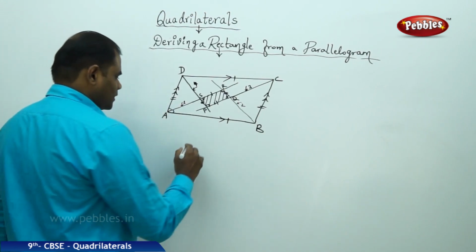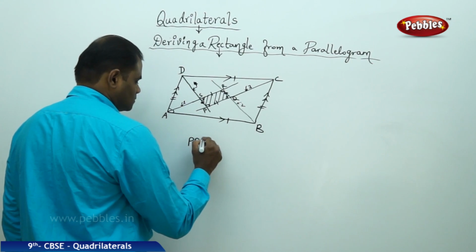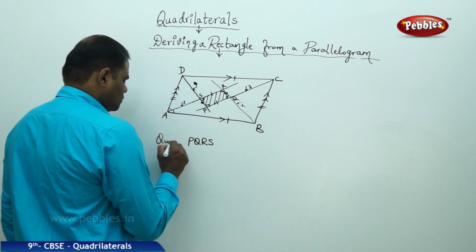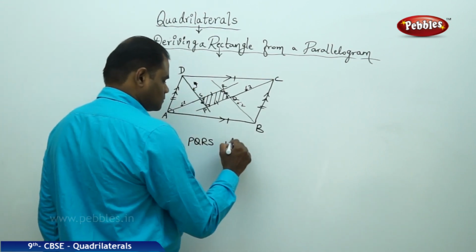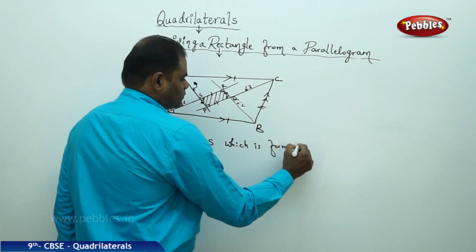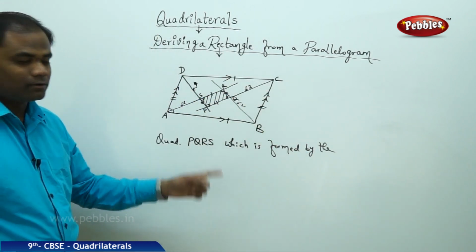So quadrilateral PQRS is formed by the bisectors of the original parallelogram.